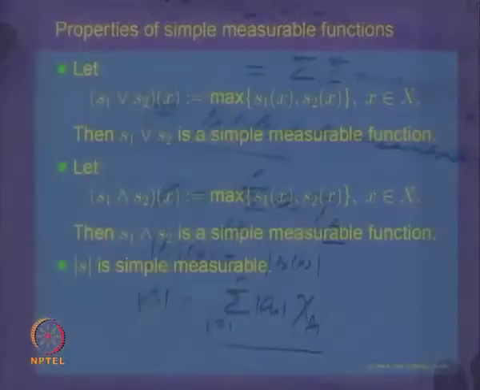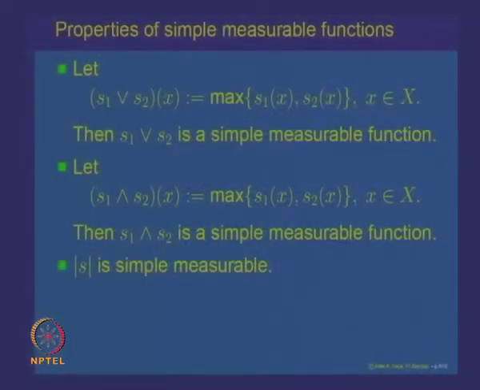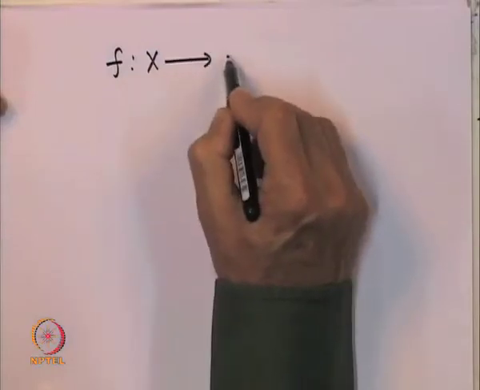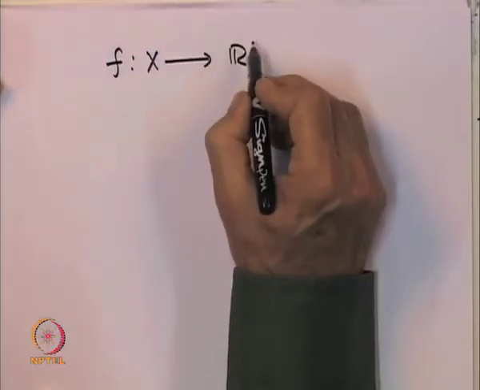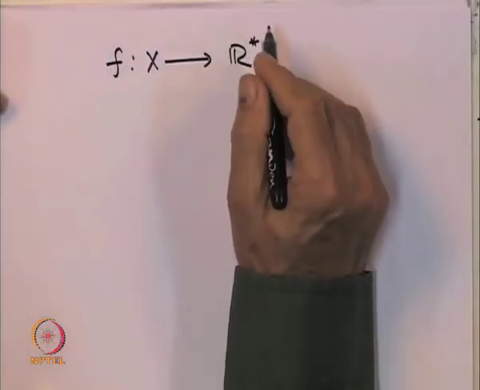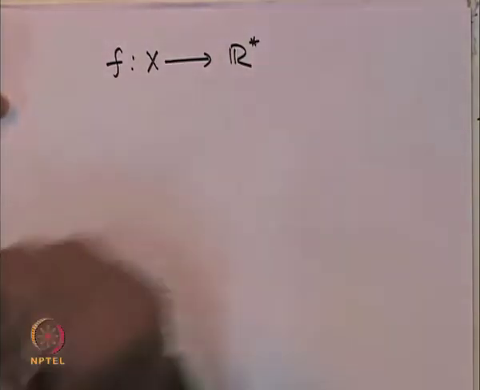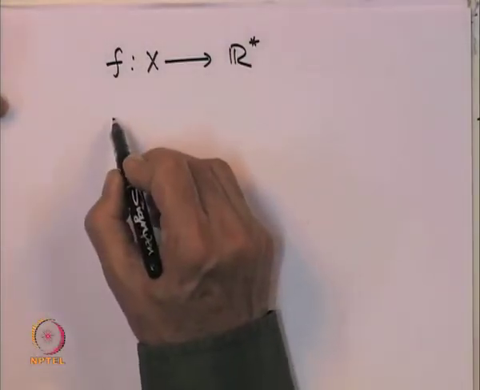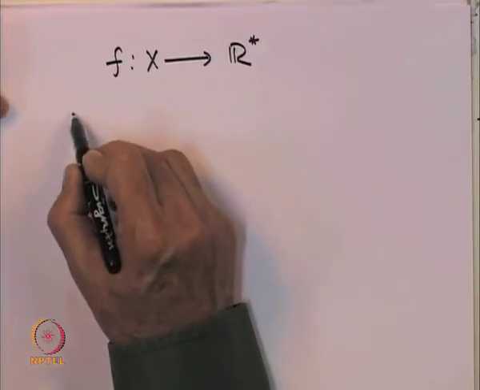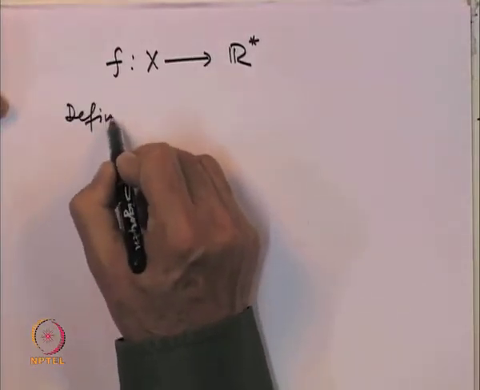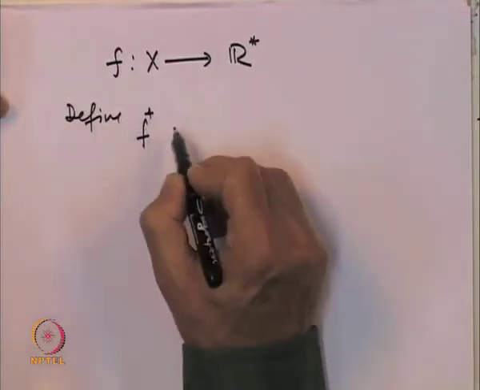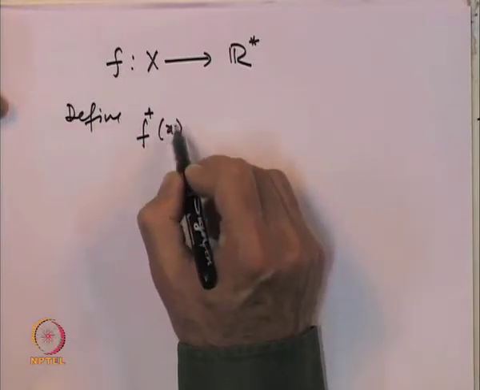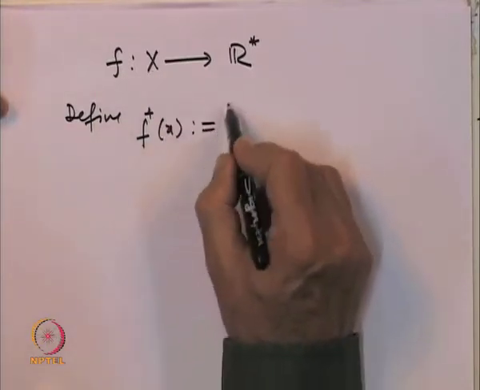At this point, it is worthwhile noting a few things about mod of a function. Let us take any function f from X to R or R star. Let us define f plus of x to be a function on X as follows.